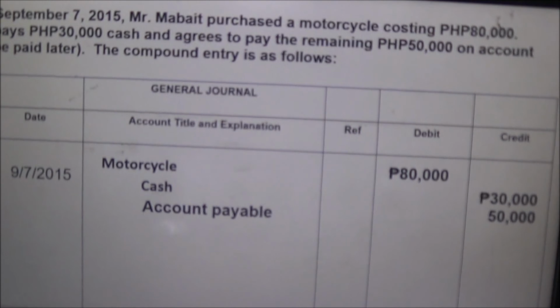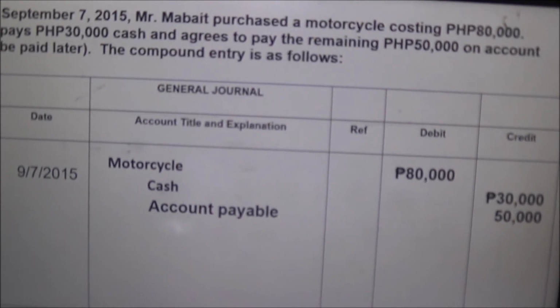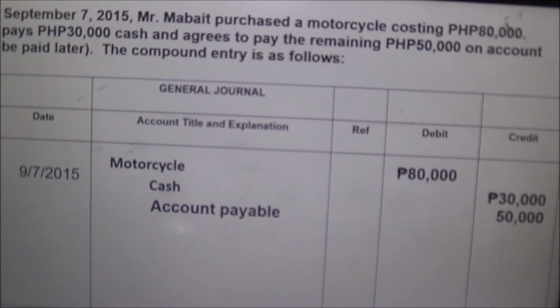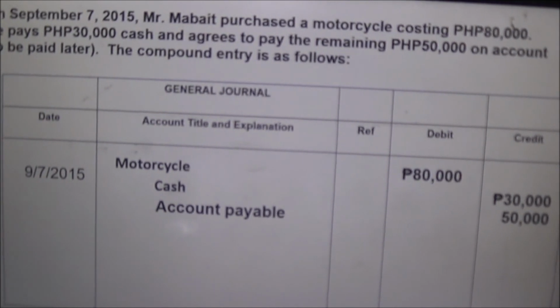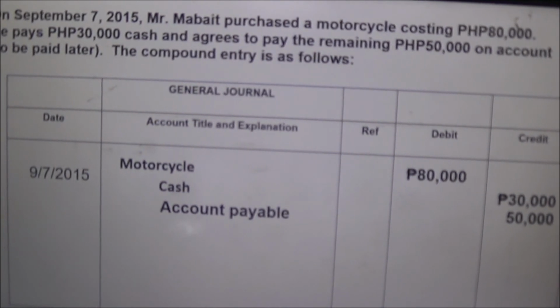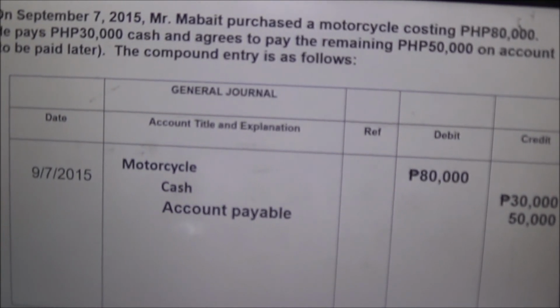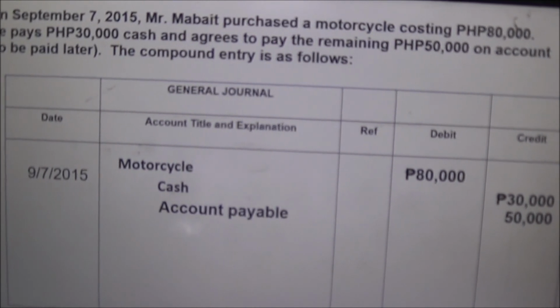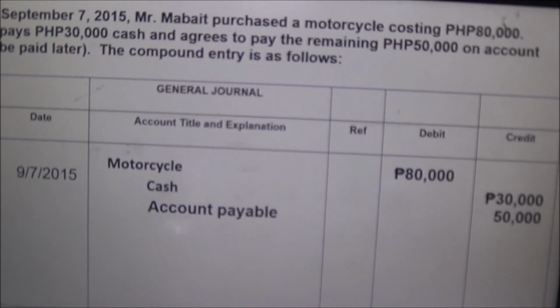As we can see here, the debit side and the credit side are equal in amounts. So the motorcycle costs 80,000 pesos, and if we check the credit side, the cash of 30,000 pesos plus the account payable of 50,000 pesos. So the debit and the credit are equal.